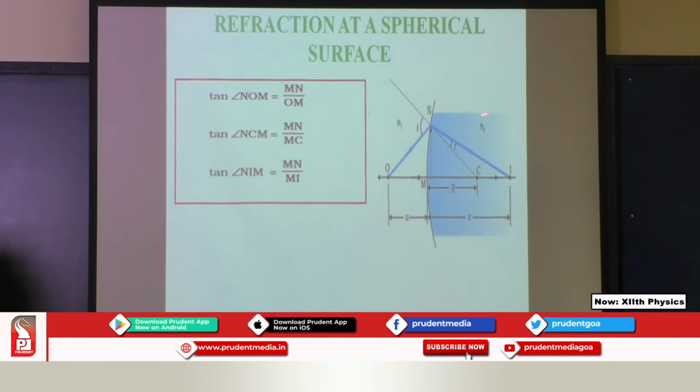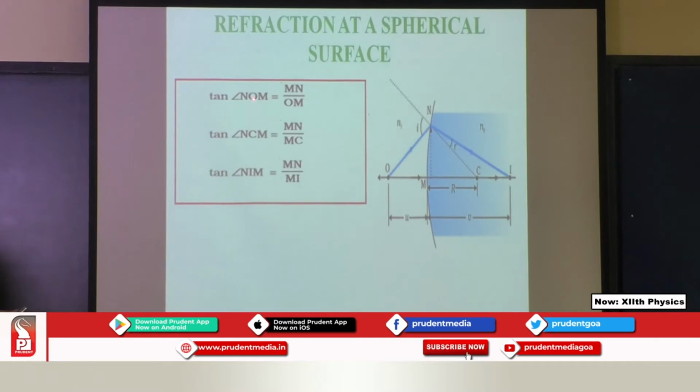Now let's begin with the derivation. It's a very simple ray diagram. We first take the tan of the three base angles, that is angle NOM, angle NCM, and angle NIM.